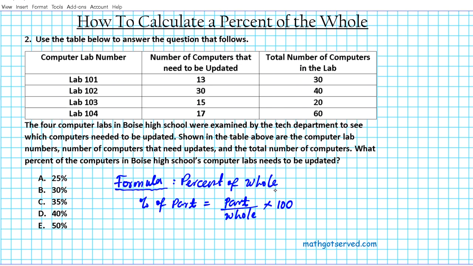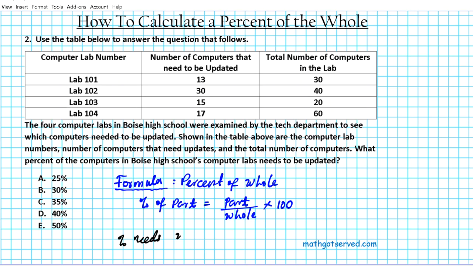Okay, remember, if you're going from decimal to percent or fraction to percent, you just multiply by 100. That's what this is. All right, so let's go ahead and adapt this formula to this particular problem. In this particular problem, we're looking for the percent that needs updating.